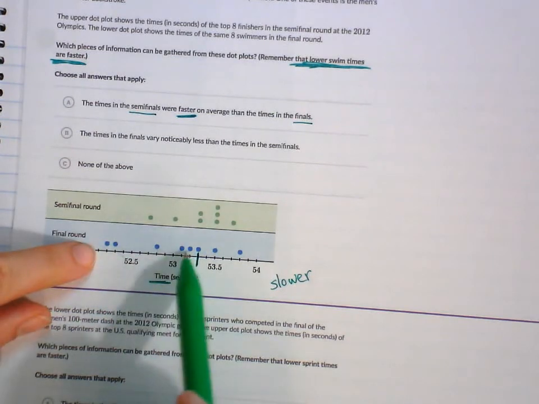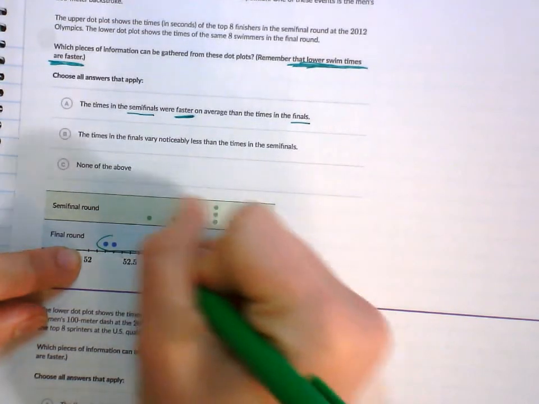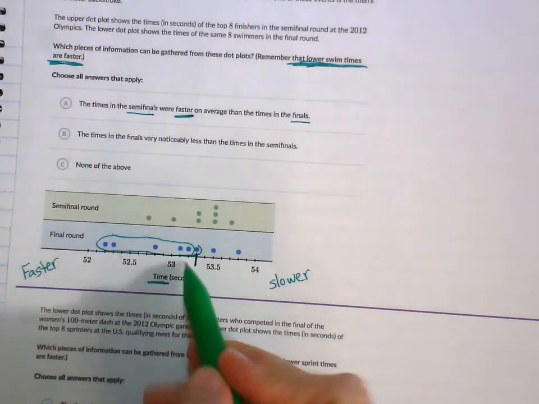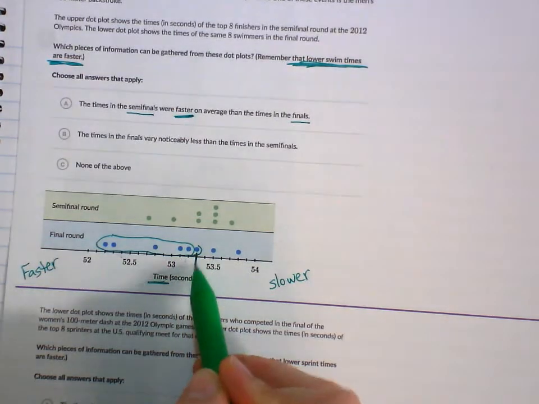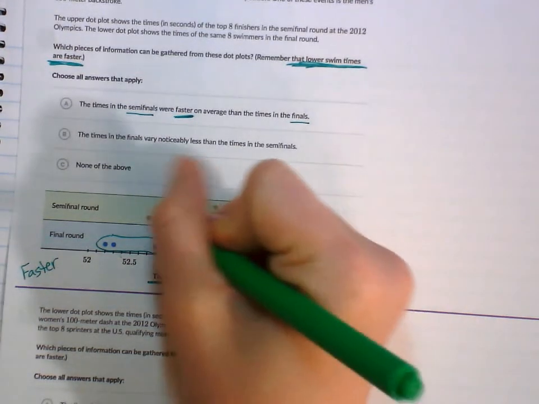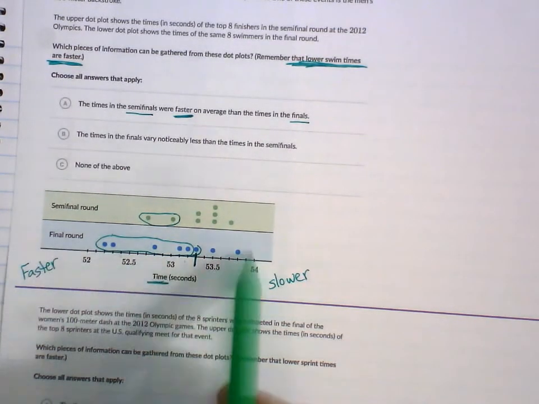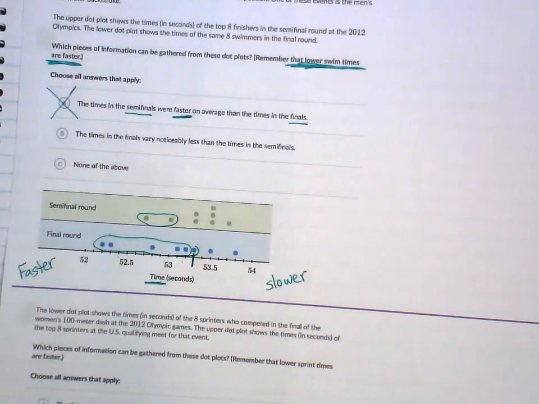So at this time, we have 1, 2, 3, 4, 5 of the 8 swimmers. 5 of these 8 swimmers, oops, I didn't mean to circle that one, 5 of the 8 swimmers got faster than 53.123. Whereas only 2 of the swimmers in the semifinal were faster. So we have faster times at lower numbers for the final. So times in the semifinals were faster? No, times in the final were faster, so no.